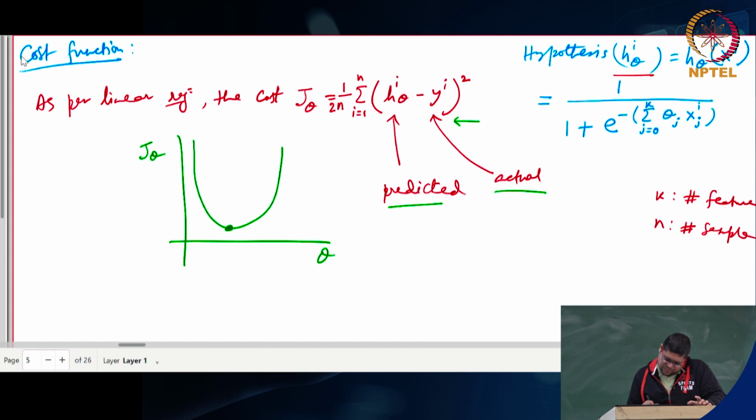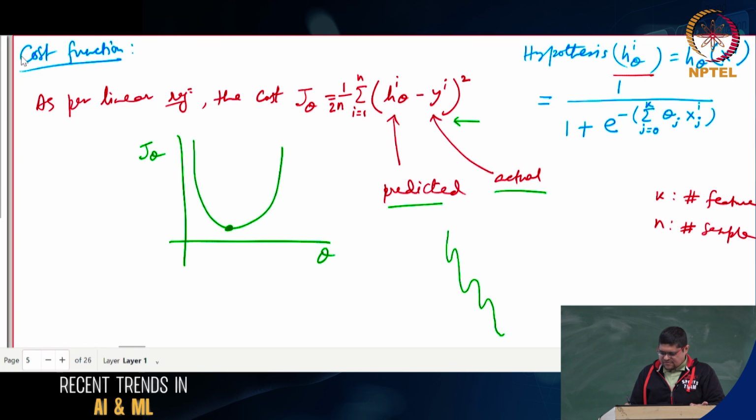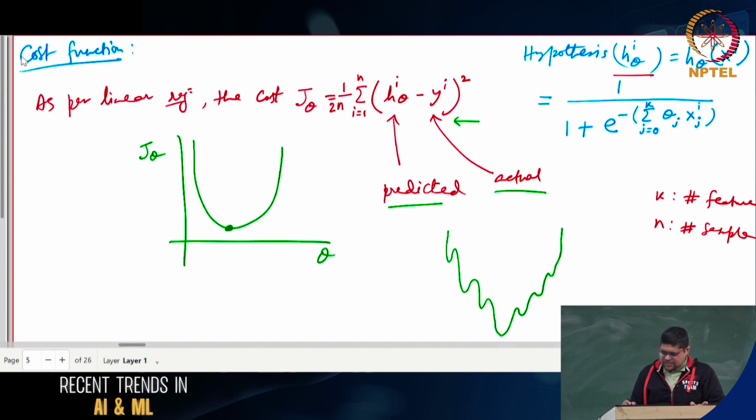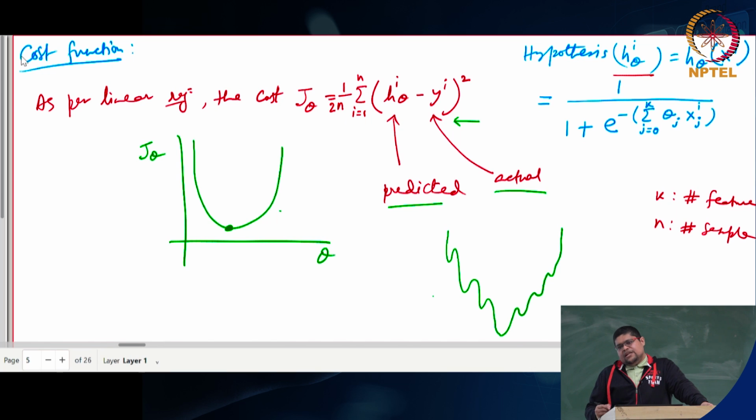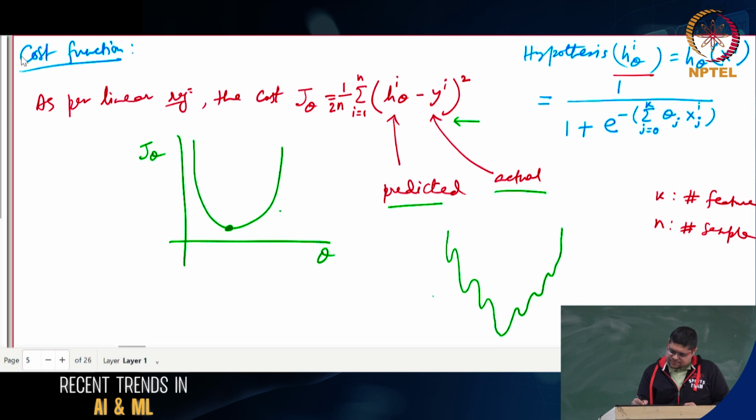Our objective is to make this curve a perfect U shape. But actually for this square curve, in the usual case it will look like this. So what is the difference between this and this? Yeah, good. It has multiple local minima. That is the problem we will get.